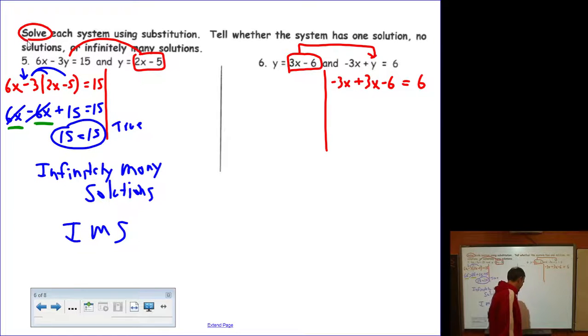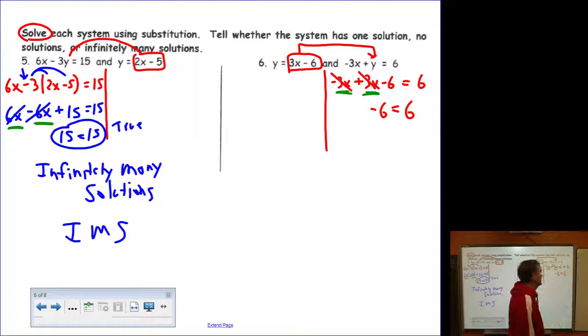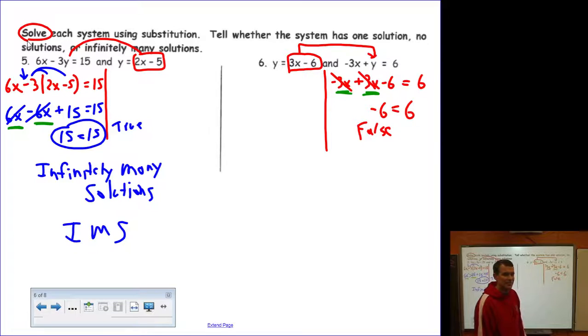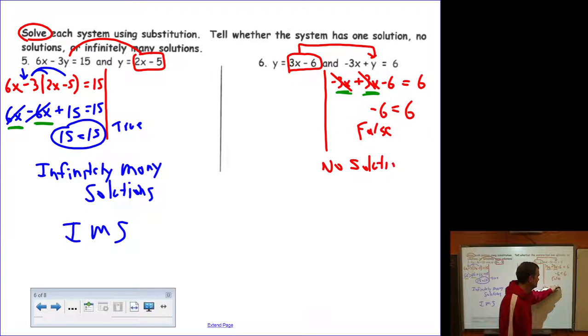Let's go ahead and simplify that by combining our like terms. Negative 3x and positive 3x are going to just cancel each other out, and I'm going to be left with negative 6 equals 6. So in problem number 6, I am left with a false statement after the variables canceled themselves out of the problem. And so that tells me that this problem has no solution.